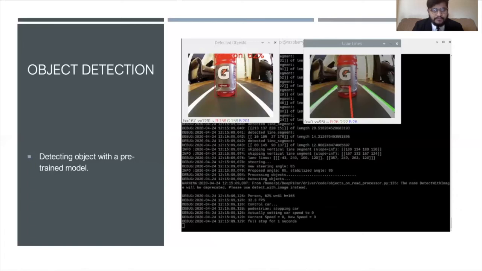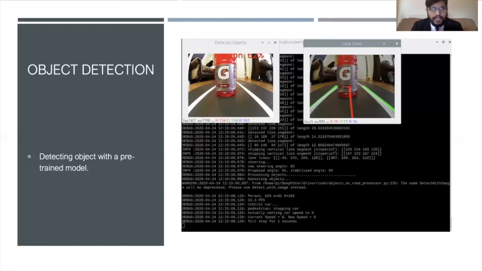Once that is converted into a specific format, we can integrate both of our approaches. The first one was lane navigation. Over here, we can see that when the object is far enough, the lane navigation system navigates through the lane, and once the object is near enough to the car, it is detected.